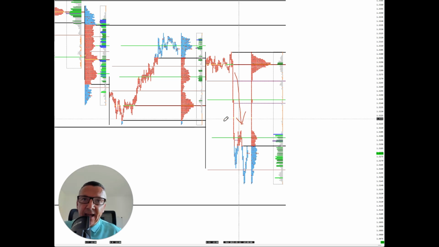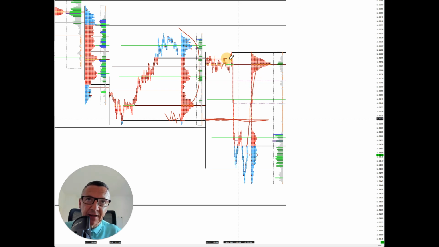If price comes into this value area low again, this black line on this profile, to trade the opposite way, what we do is wait for price to come back into this value area low and go to the other side of value.